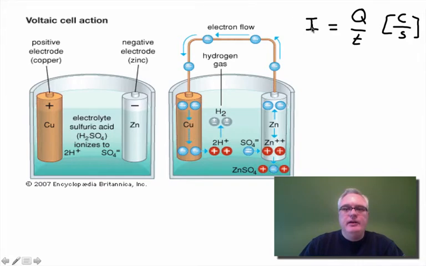Rather than talking in terms of coulombs per second, we say that 1 coulomb per second is equal to 1 amp. So the units for current are amps, an uppercase A, where 1 amp is equal to 1 coulomb of charge every second. Basically we're counting how many charges pass through here per second.